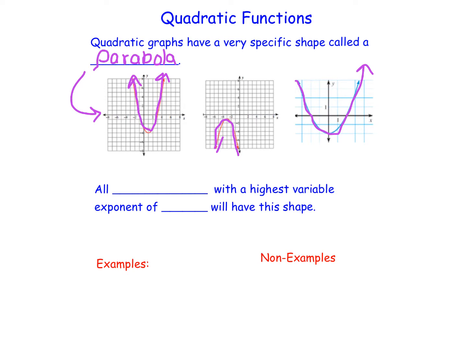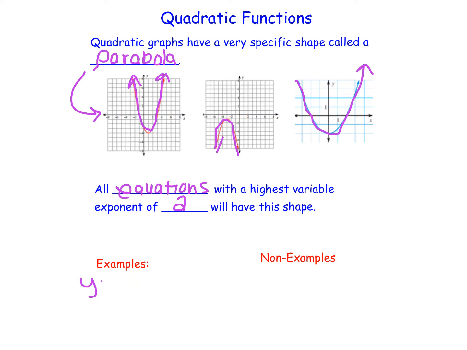Then all of our equations, so that's what's going to go in this next blank, all equations with a highest variable exponent of exactly 2 will have this shape. So this is just talking about making sure we have equations that contain a highest variable exponent of 2.